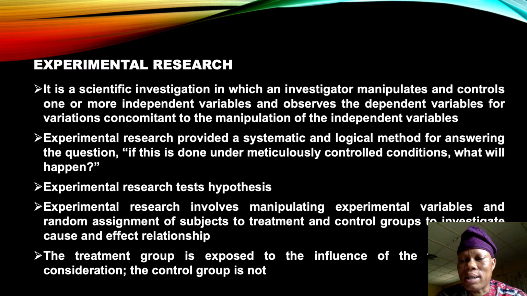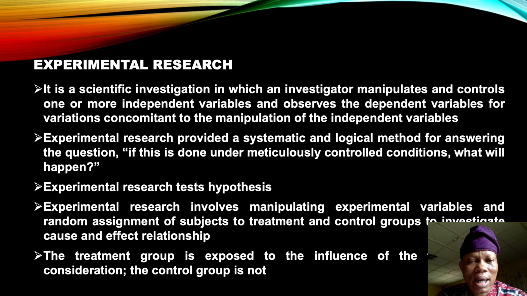Experimental research, on the other hand, is a scientific investigation in which an investigator manipulates and controls one or more independent variables and observes the dependent variables for variation concomitant to the manipulation of the independent variables. Experimental research provides a systematic and logical method for answering the question: if this is done under meticulously controlled conditions, what will happen?